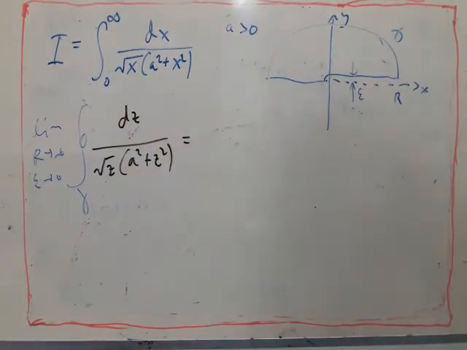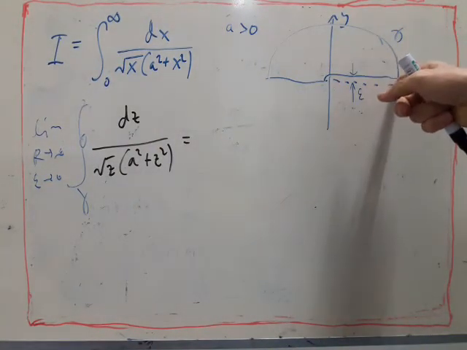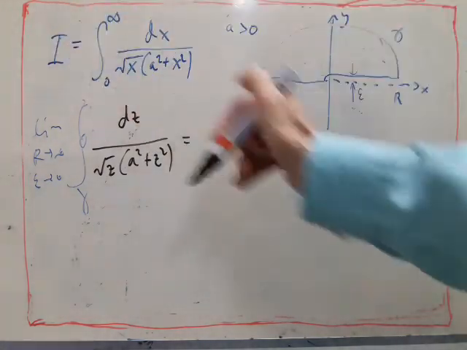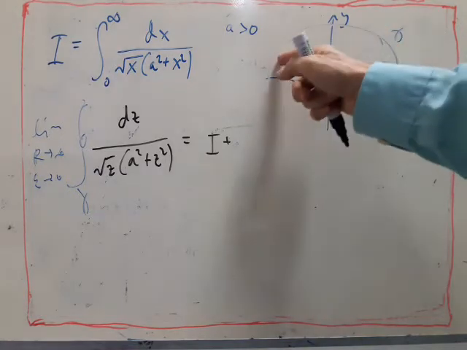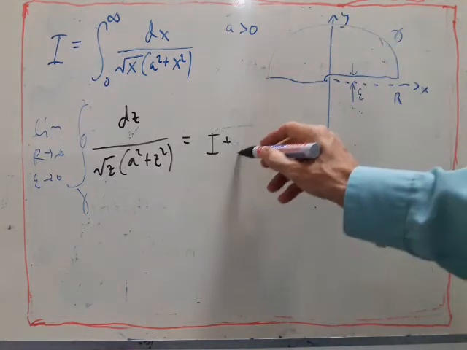So as epsilon goes to 0, as r goes to infinity, this bit along here is the integral we want, I. Then we need to just check that this integral around here goes to 0.